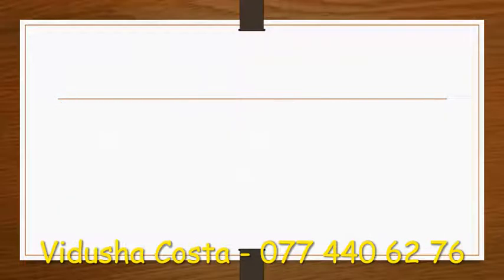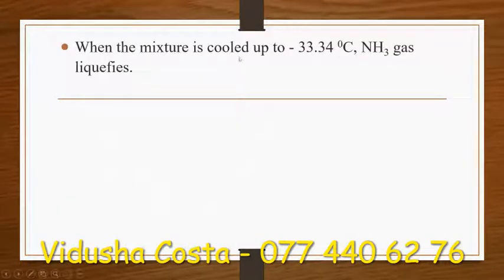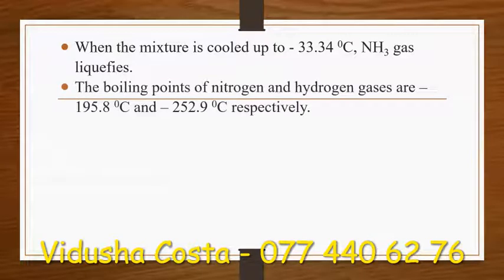How can you separate ammonia gas? Normally, we cool the mixture containing nitrogen, hydrogen, and ammonia to a temperature of around minus 33.34 degrees Celsius. At that temperature, ammonia liquefies. The boiling points of nitrogen and hydrogen are minus 195.8 degrees Celsius and minus 252.9 degrees Celsius respectively.